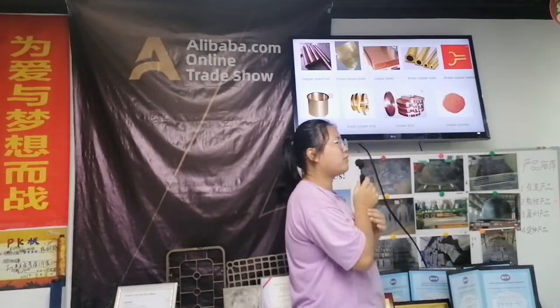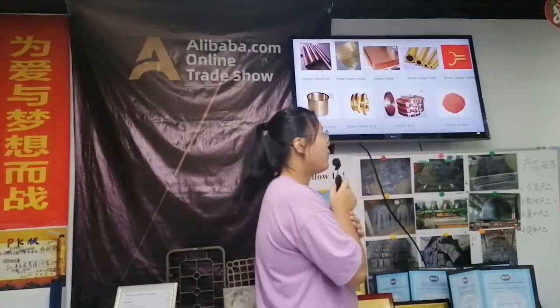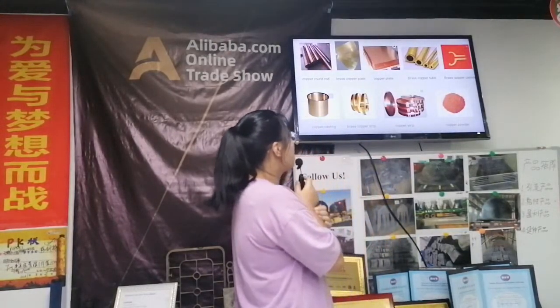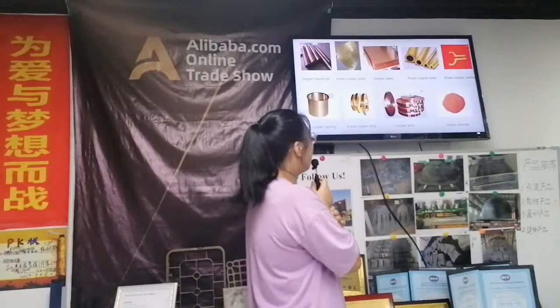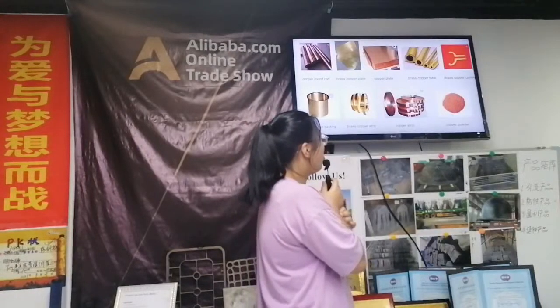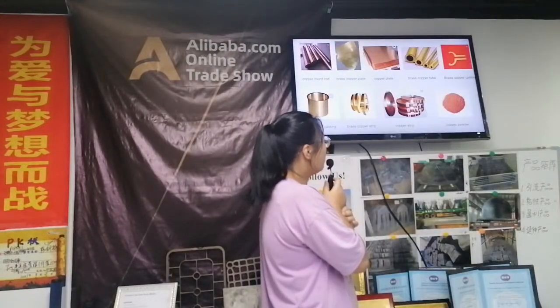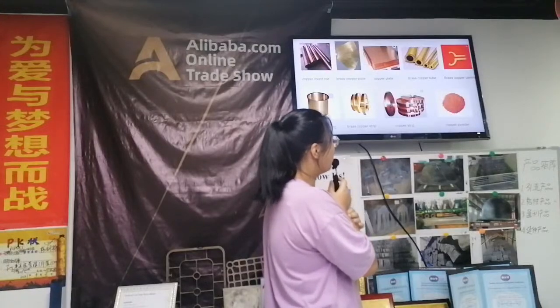Next, some photos for copper alloy, such as copper round rod, brass copper plate, brass copper tubes.